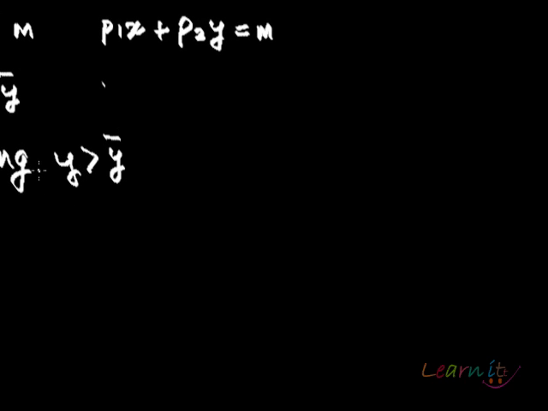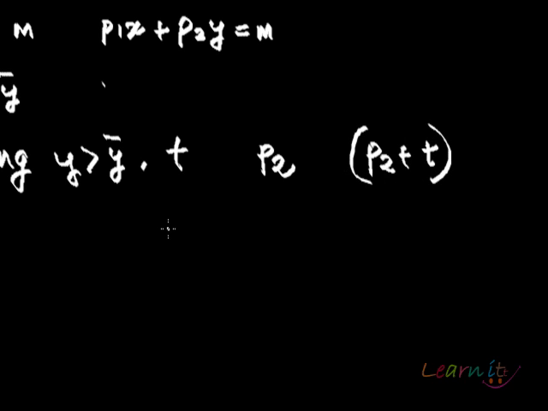So if you're consuming more than Y bar, you have to pay a tax T, in excess of whatever Y you are going to consume. Earlier the price of Y was P2. Now in case you consume more than Y bar, you will pay P2 plus T for that. Is this clear? So you will be paying P2 plus T for that.